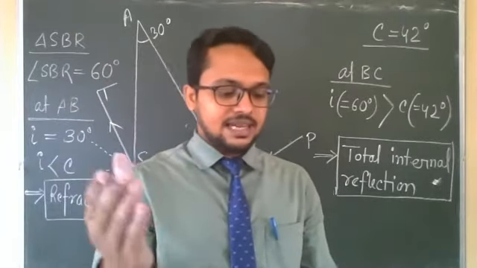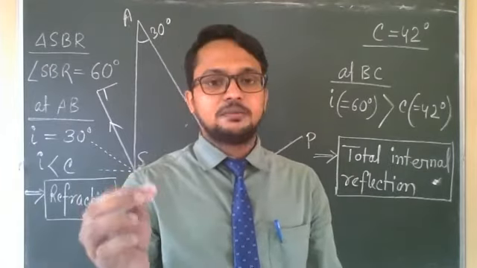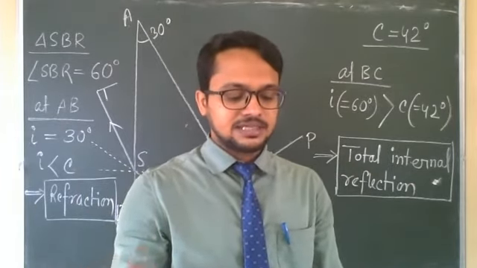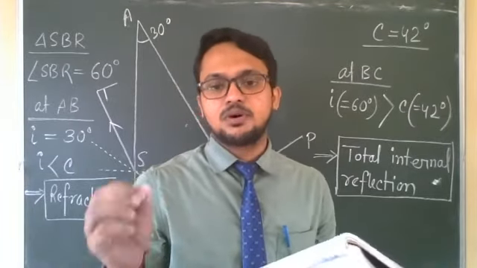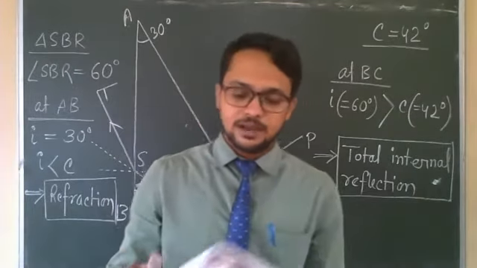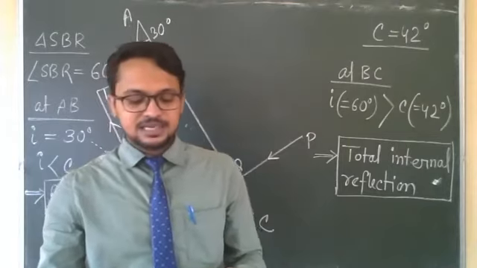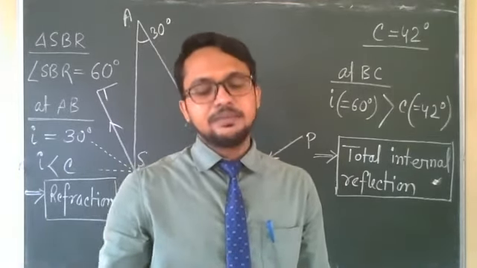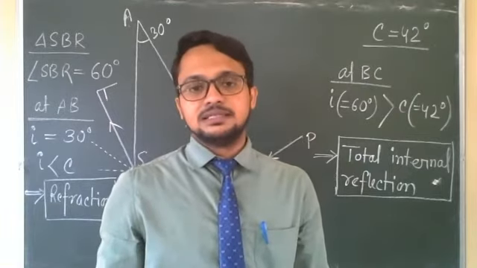As it is written here, total internal reflection takes place only when light passes from a denser medium to a rarer medium at an angle of incidence greater than the critical angle for those two media. Normal reflection takes place when light is incident on a plane mirror from any medium at any angle of incidence.